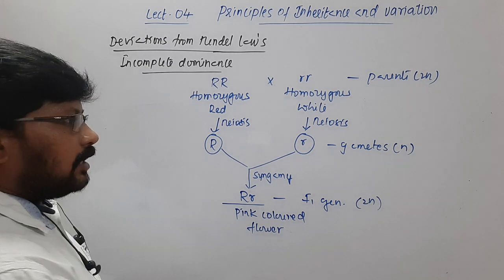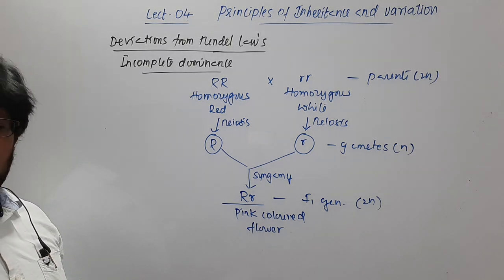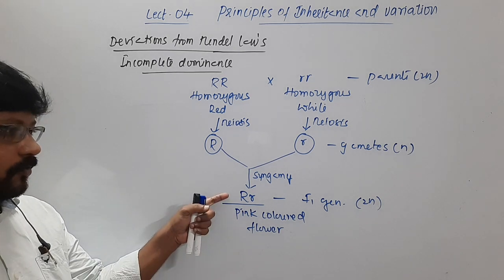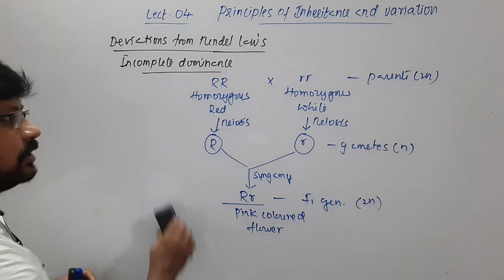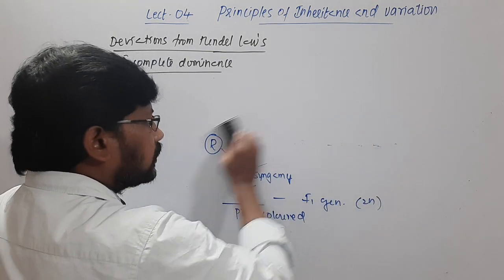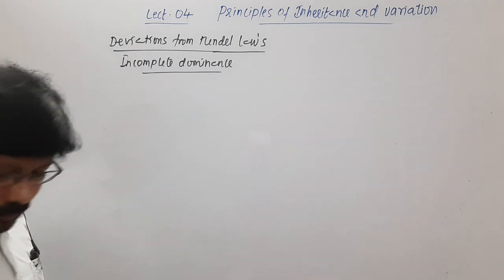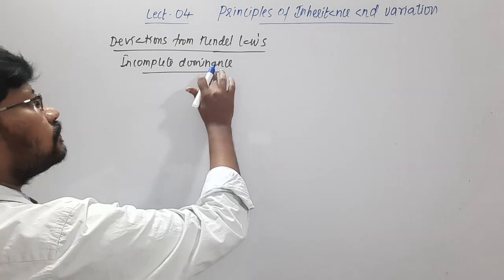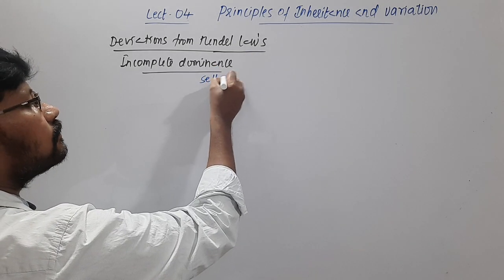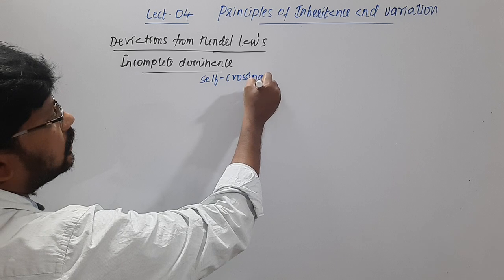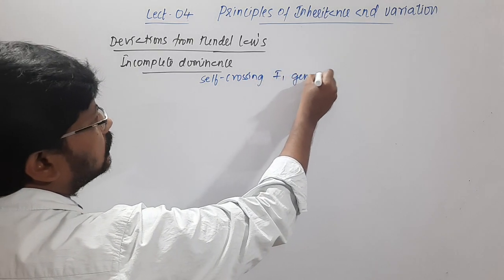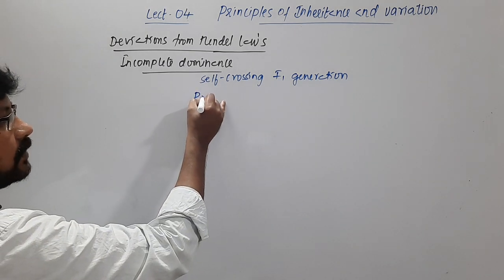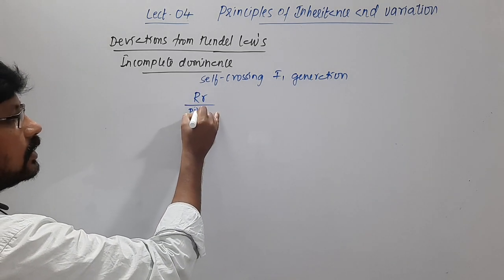Now, Karl Correns followed Mendel. After doing this, he went for self-crossing the F1 generation. So let's see the selfing of the F1 generation. What they have taken is capital R, small r, which is pink colored.